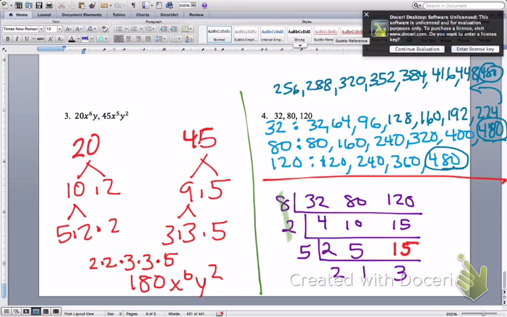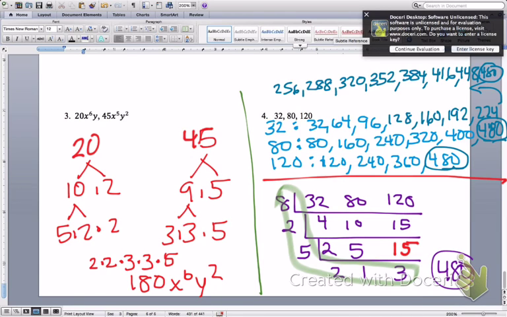All right, so now these right here will be my LCM. If you multiply, 8 times 2 is 16. 16 times 5 is 80. And 80 times 2 is 160. And then you multiply it by 3, you get 480 as well. So we get the same answer for the LCM.